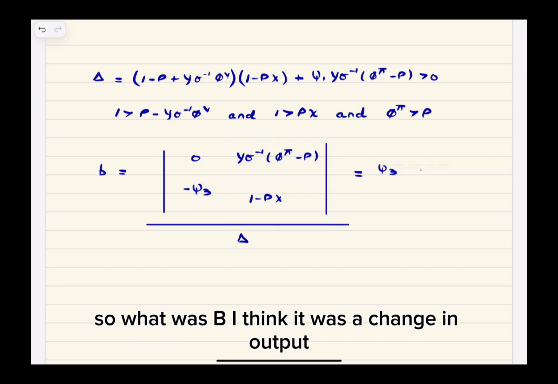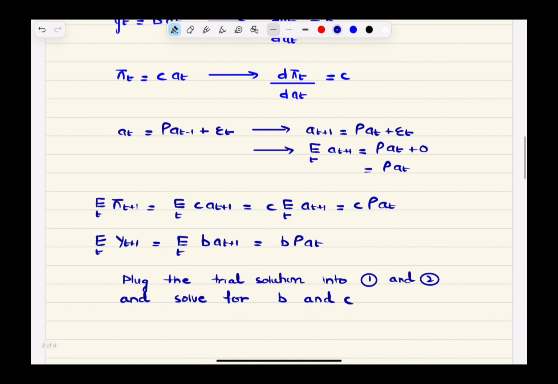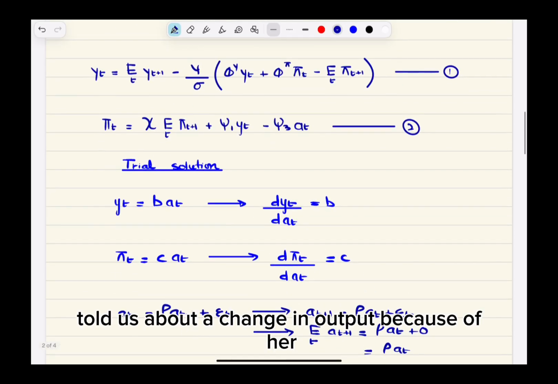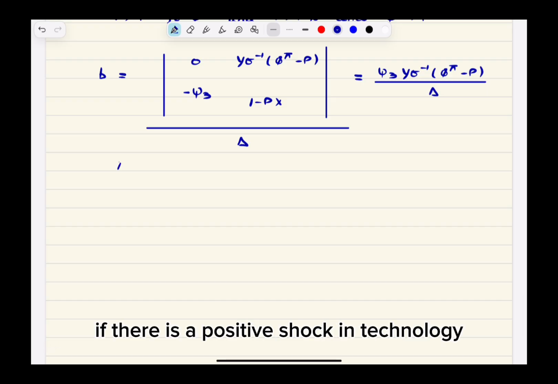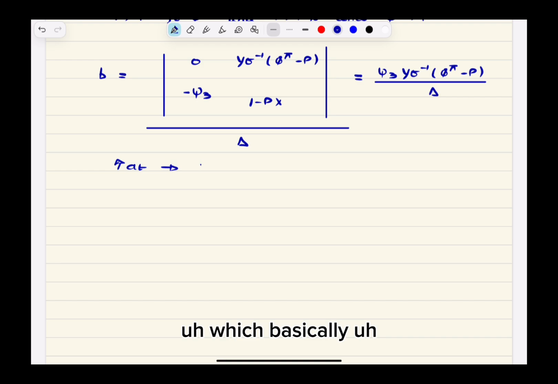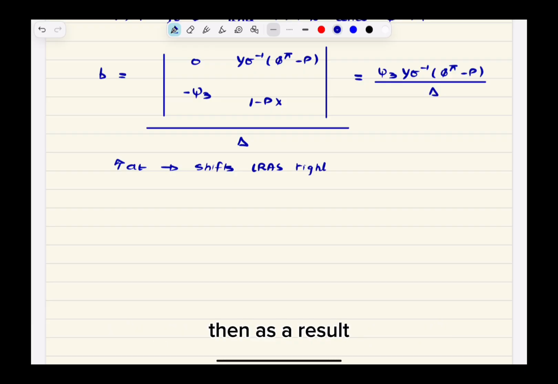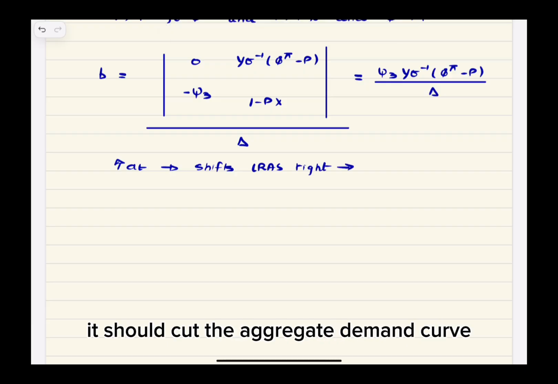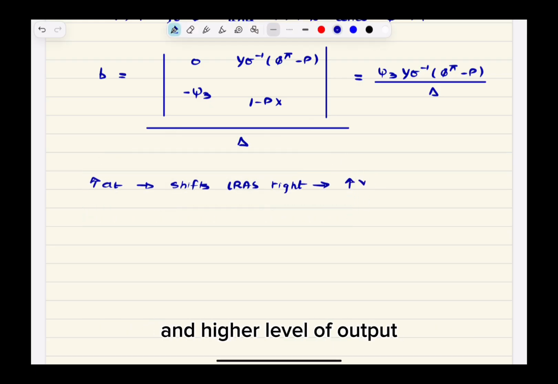So what was B? I think it was a change in output. Let me see what was B actually. B was a change, yeah, told us about a change in output because of A. So it says that if there is a positive shock in technology, which basically shifts the long run aggregate supply curve to the right, then as a result, it should cut the aggregate demand curve on a lower level of inflation and higher level of output.